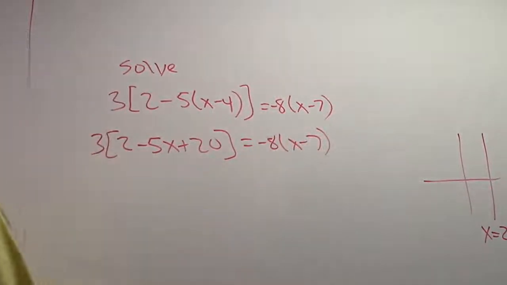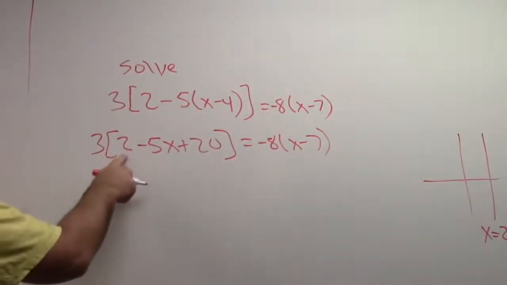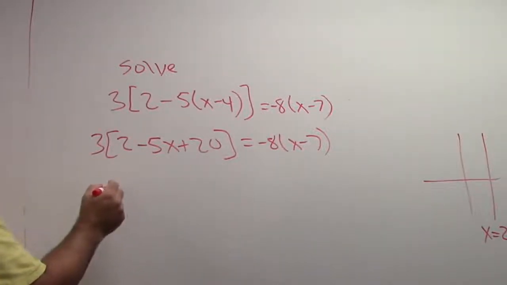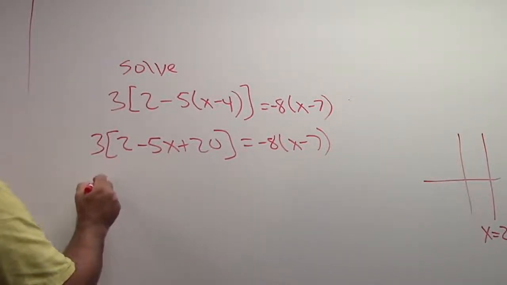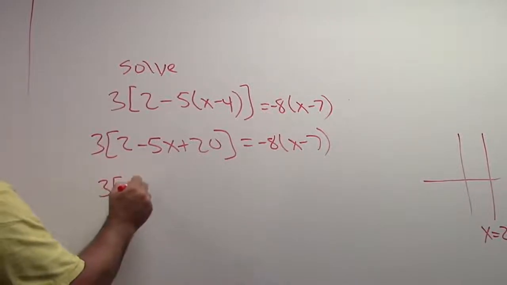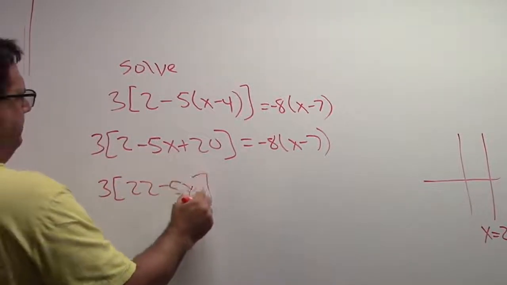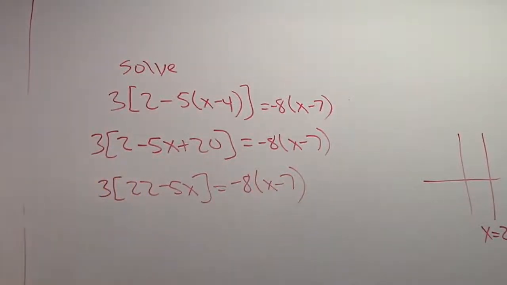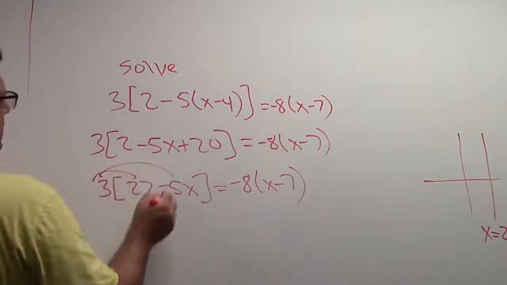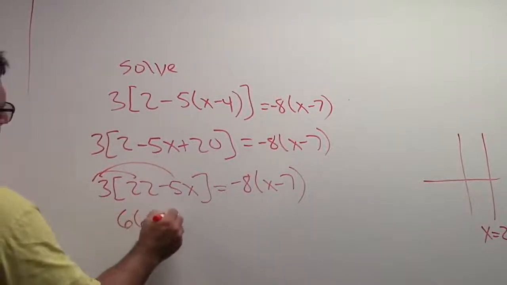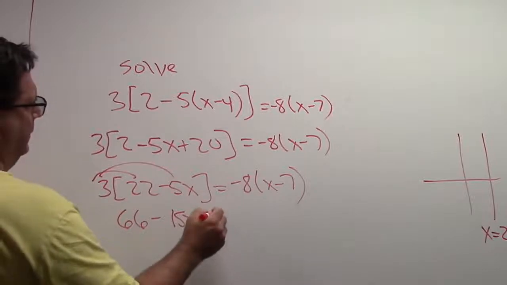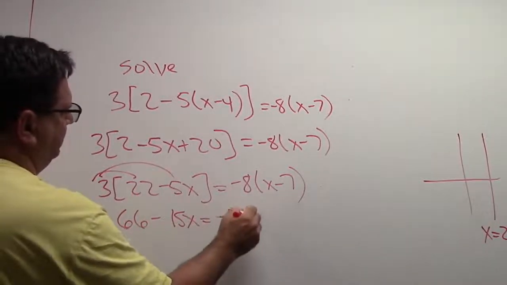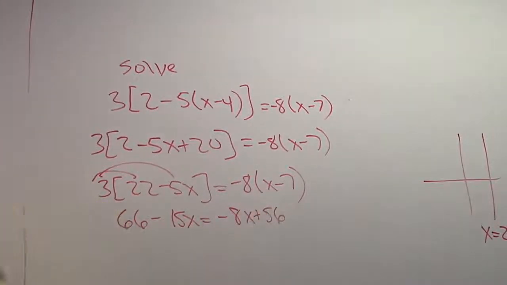We'll leave that alone for right now. 2 plus 20 is 22. 66 minus 15x equals -8x plus 56. Do we agree?